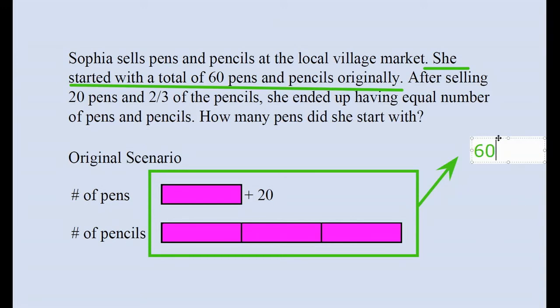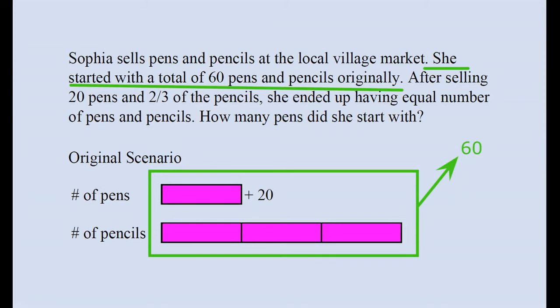Why? Because the question says the total number of pens and pencils she had originally was 60. Now, from this picture, can we determine what each rectangle is worth? I think we can.